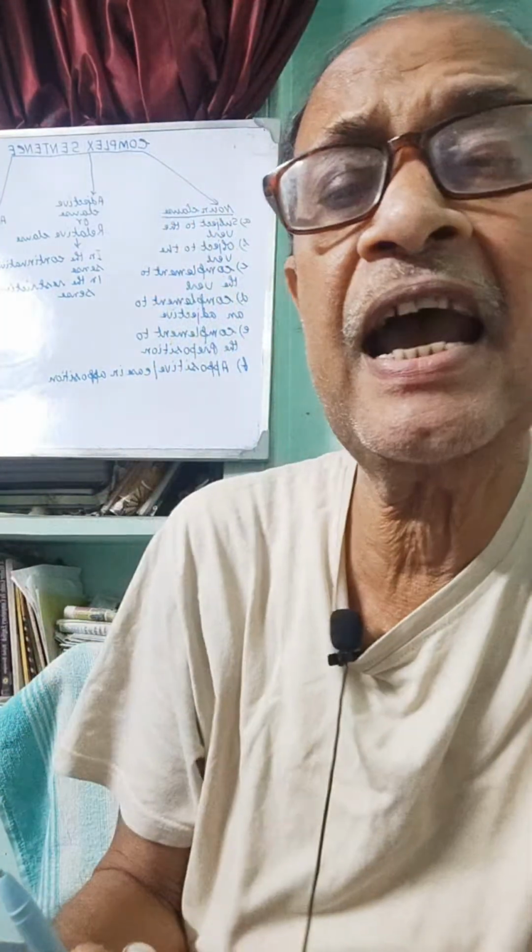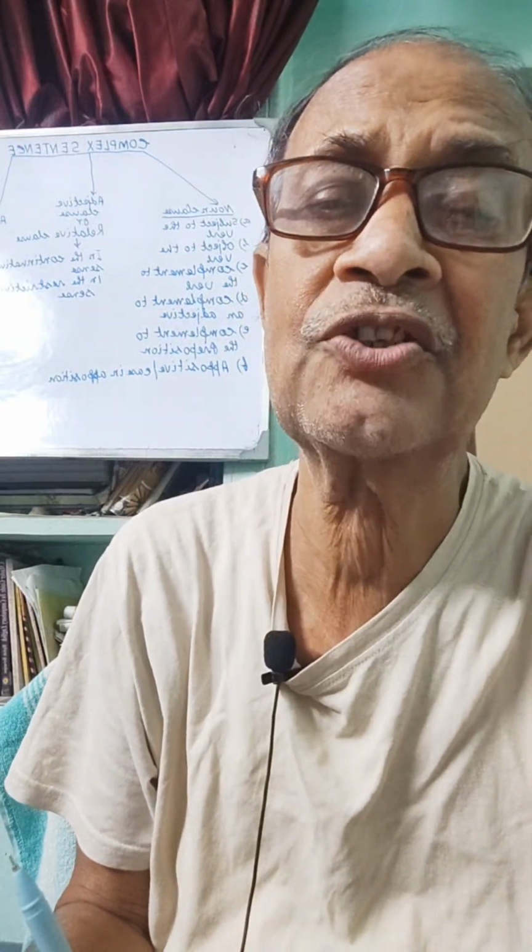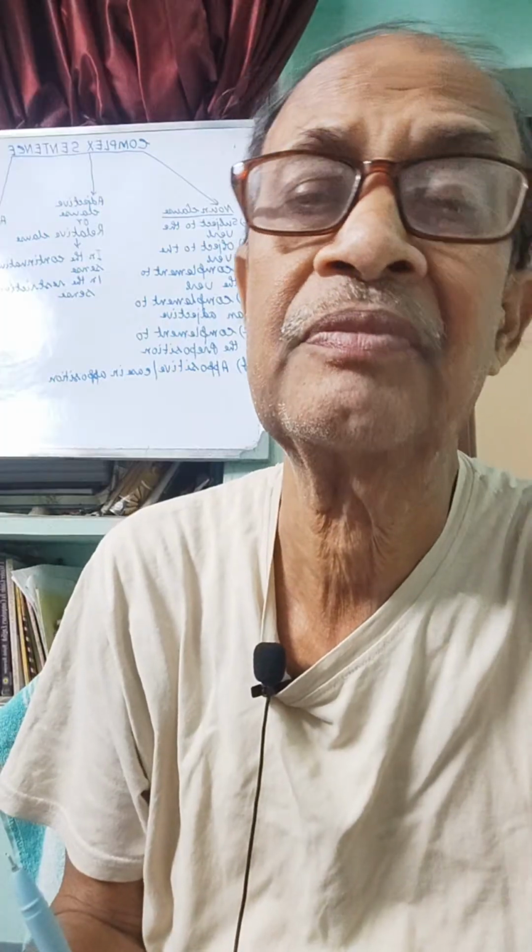So similarly, a noun clause has also 6 functions. I have already posted the chart, the tree. So a clause that acts as a noun is called a noun clause.